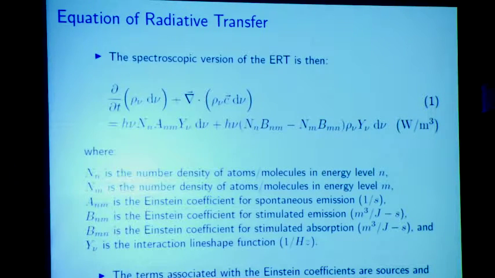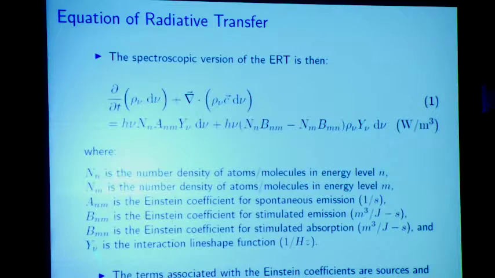Of course, when you're doing LIF, you have to create molecules in that level, but once they're in that level, the fluorescence emission is controlled by that term. B_nm is the Einstein coefficient for stimulated emission, given by that, the number in that level times this rate at which it will depopulate. B_mn is the Einstein coefficient for absorption, okay, going from m to n.